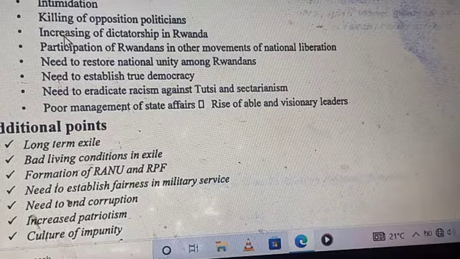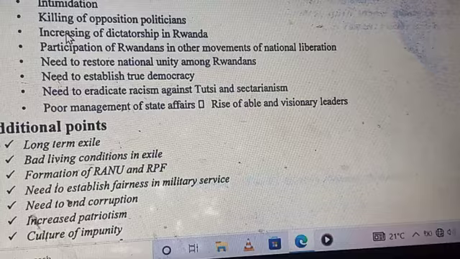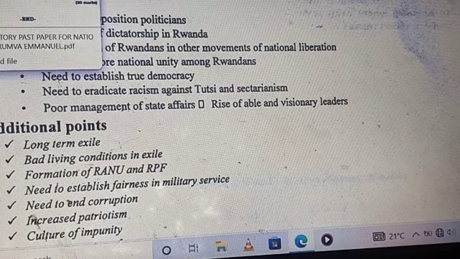Explain each point and you get 2 marks. If you put 8 points, you get 16 marks.